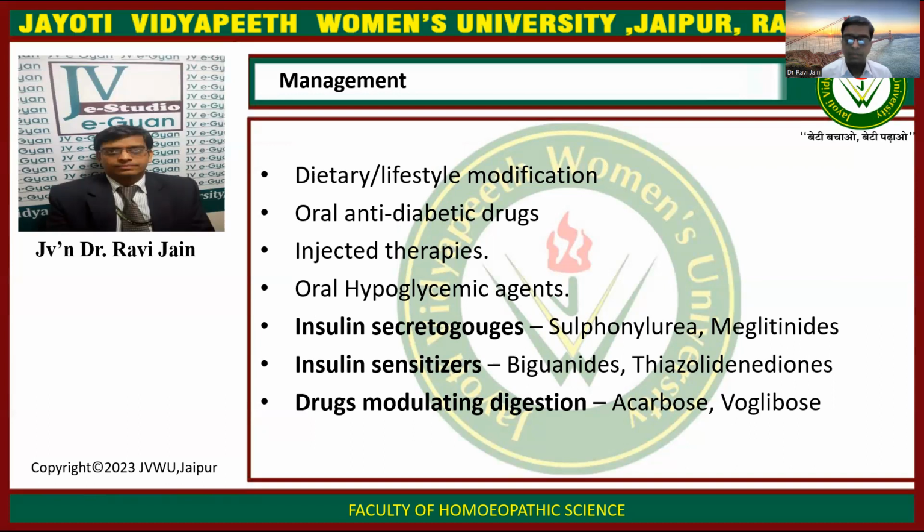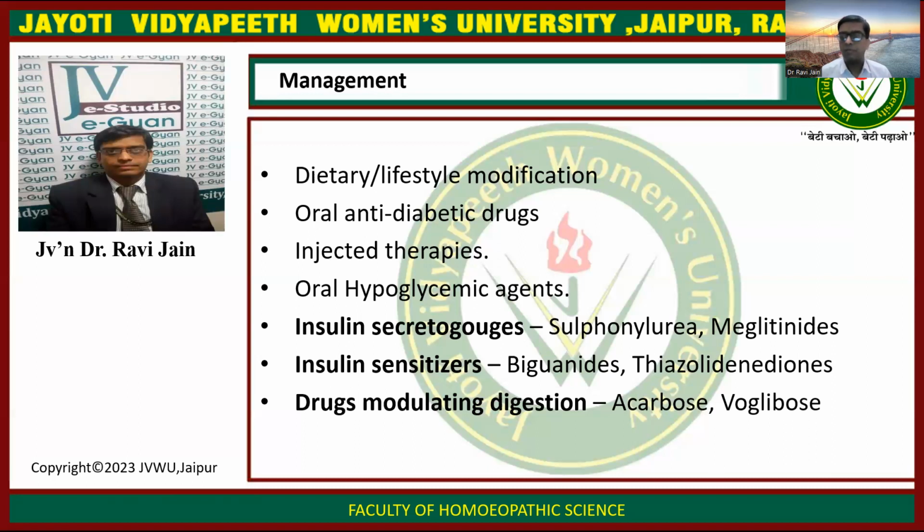The oral hypoglycemic agents include drugs that can increase the secretion of insulin, like sulfonylureas, insulin sensitizers that can sensitize the beta cells of the pancreas for the synthesis of insulin, and drugs modulating digestion.